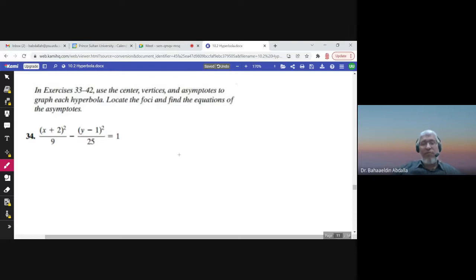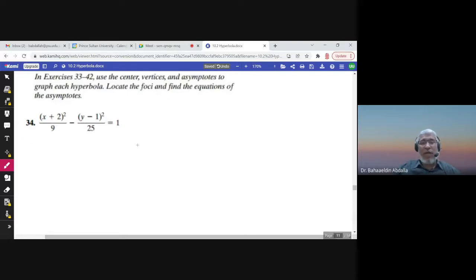Use the center, vertices, and asymptotes to graph each hyperbola, locate the foci, and find the equations of the asymptotes. What is the center? x minus h, y minus k. So k is 1.